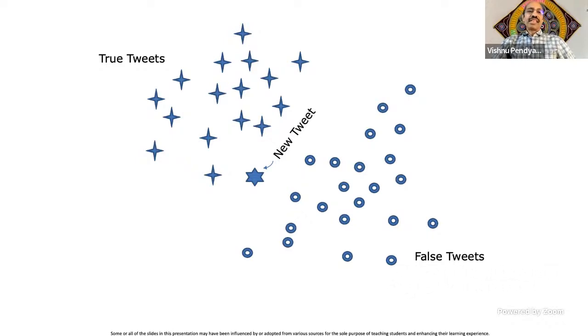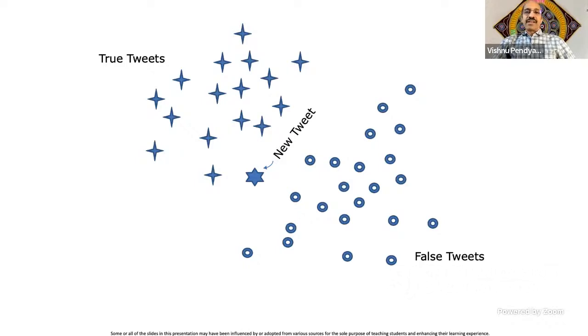And if there's a new tweet that comes in, how do we know whether it is true or false? We can come up with a classifier, a decision boundary, which will help us classify the tweet as true or false.